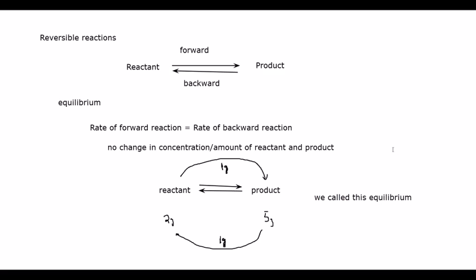The same amount of reactant forms a product and the same amount of product decomposes, forming back the reactant again. So there is no change in amount of reactant and product, and we call that equilibrium or a balance.